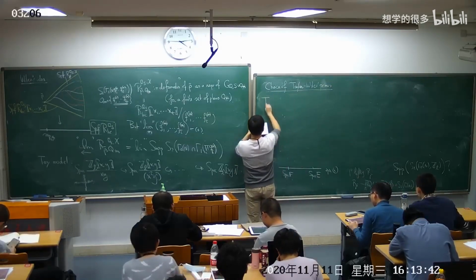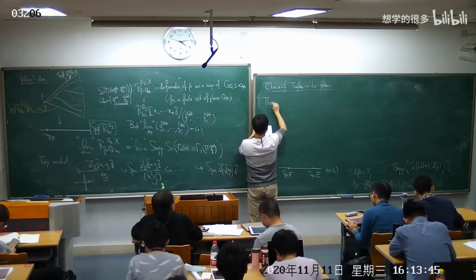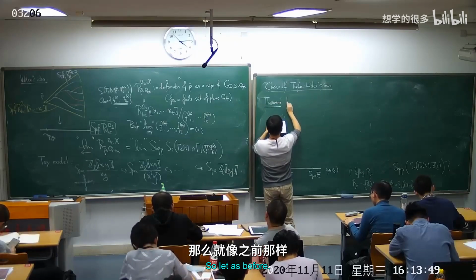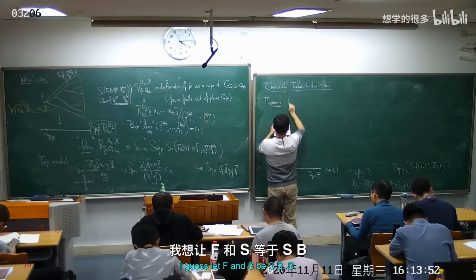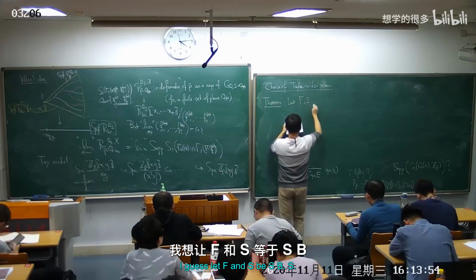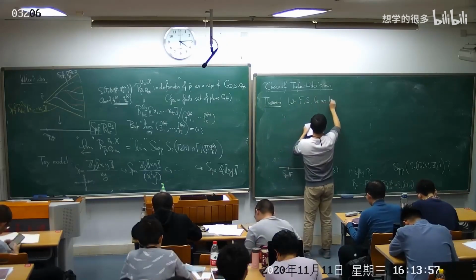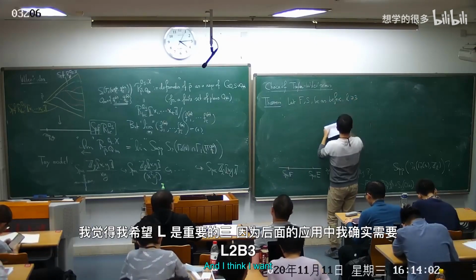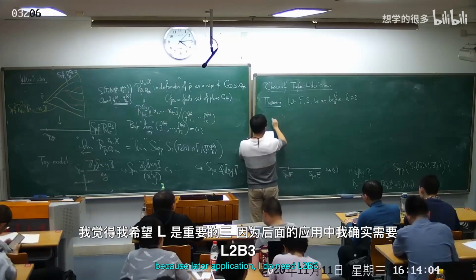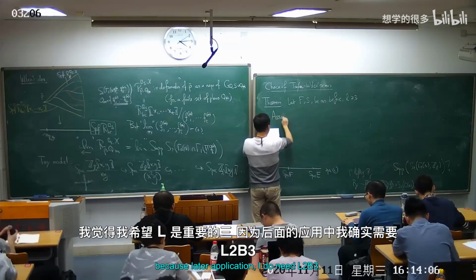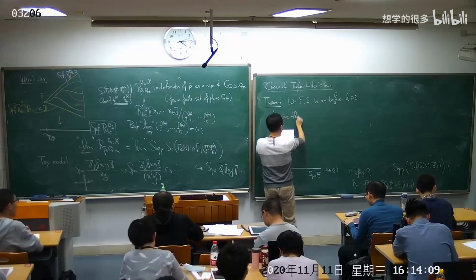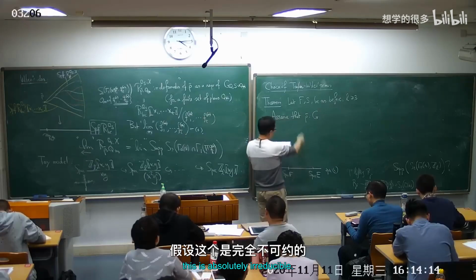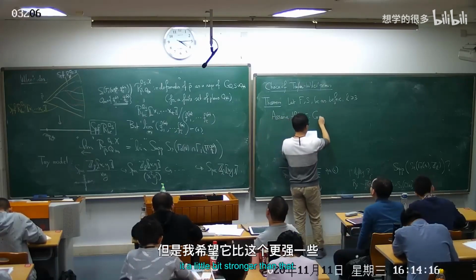Okay, theorem. Let F and S be as before. I want L to be greater than or equal to 3, because for later application I do need L to be at least 3. Assume that rho bar is absolutely irreducible, but I want it a little bit stronger than that.